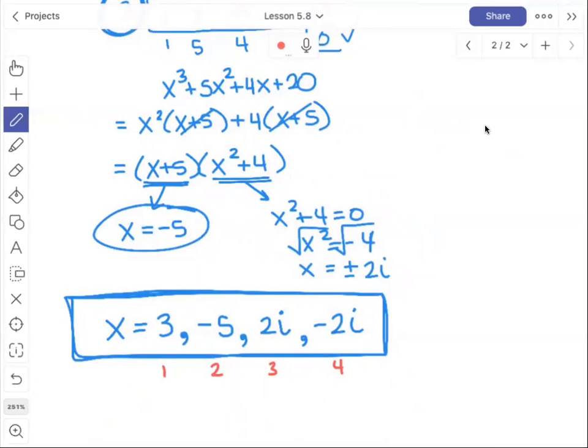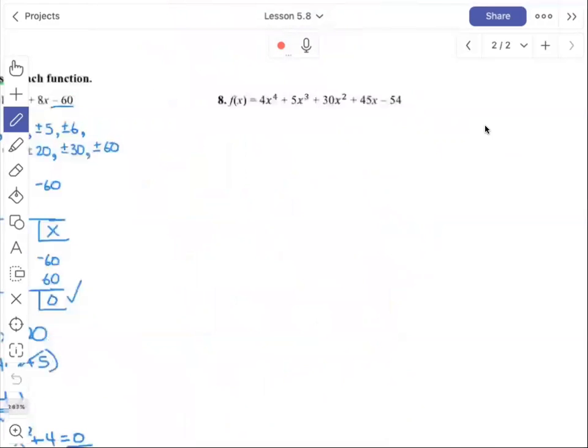Okay, we are quickly running out of time, so I'm going to do number 8 really fast. And you guys can go ahead and do number 8 alongside me. If you get stuck, you can look over and see how to do it, or if you just want to double check and make sure you're on the right page. Let me quickly do number 8 with our remaining couple minutes here.